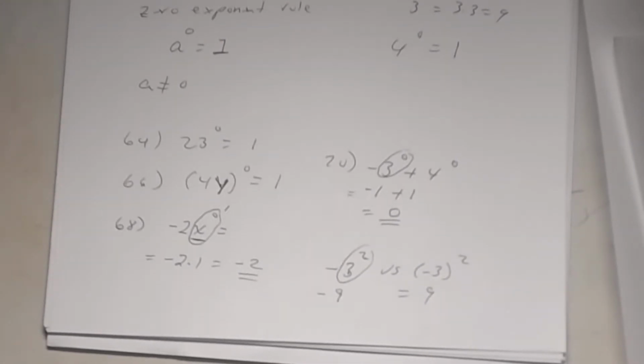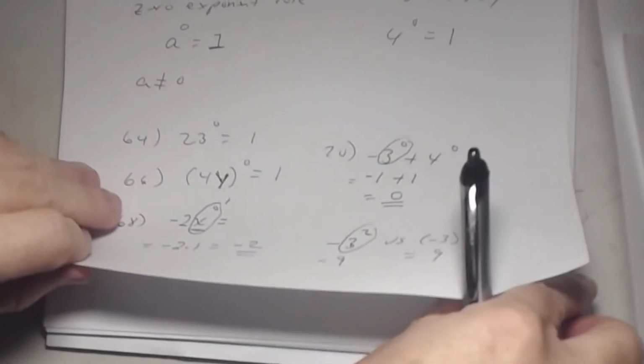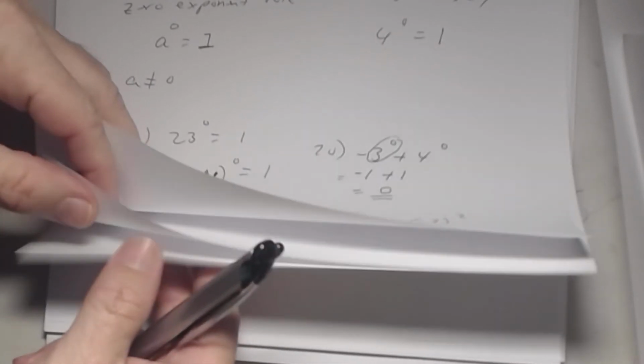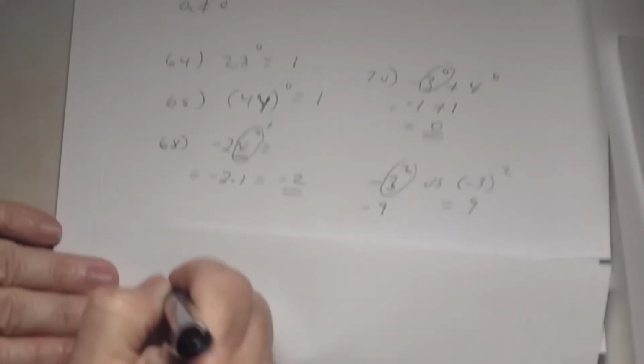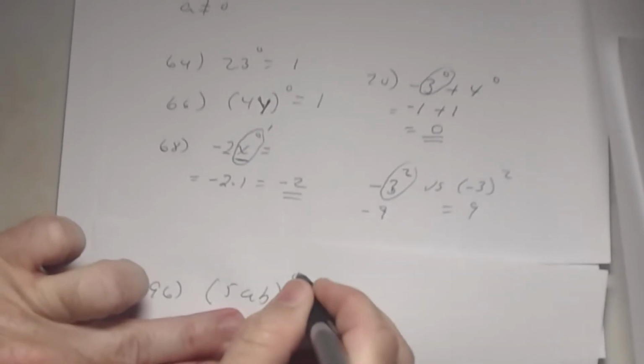Okay. All right, 96. You have 5ab to the 0. What's that equal to? 1.